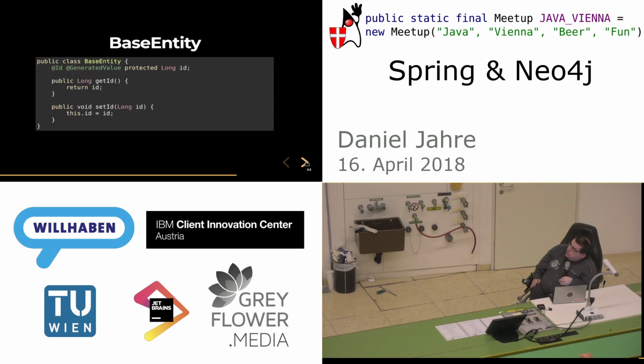I used the base entity class from the pet clinic and reworked it as a base class for the node entities. What it is doing is managing this auto-generated ID. This is an internal value that Neo4j is using for storing the nodes and the relations. You should not rely on these IDs.